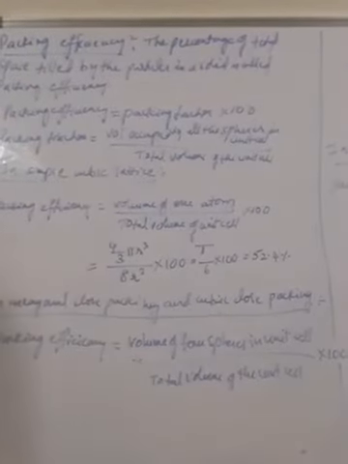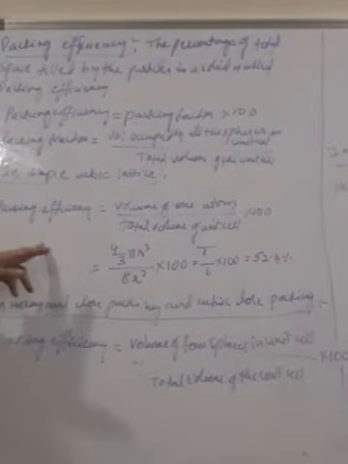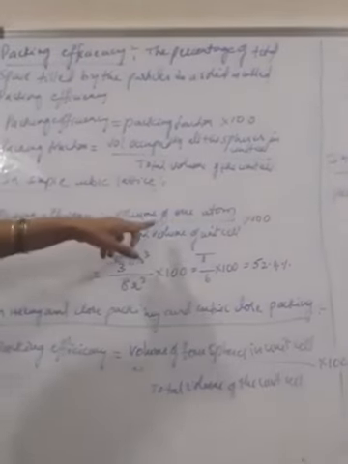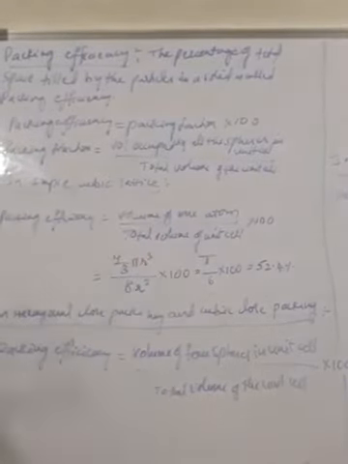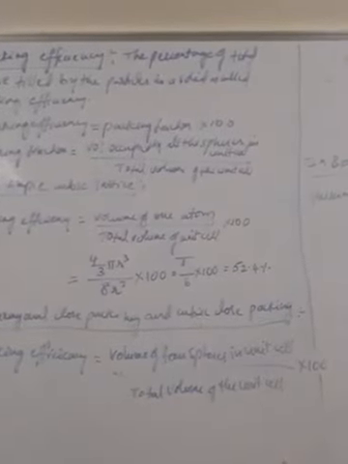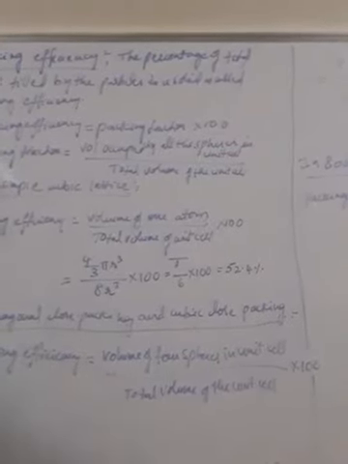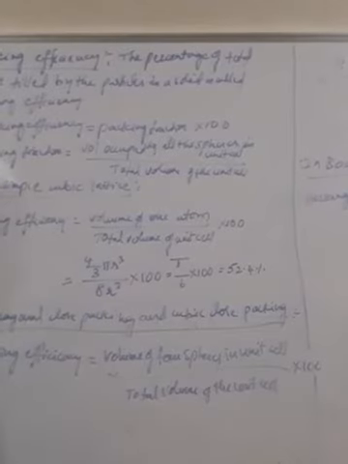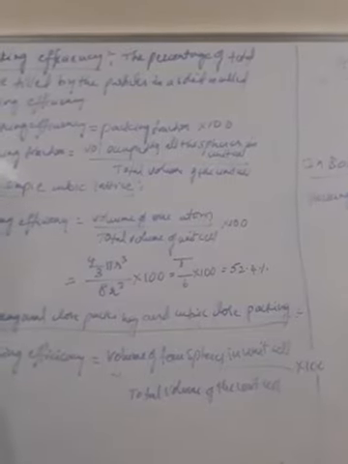In simple cubic lattice, the packing efficiency formula uses the volume occupied by one atom. Why one atom? Because in a simple cube, the number of particles per unit cell is equal to 1. A simple cube has only corner points, so a total of 8 corner points are there.